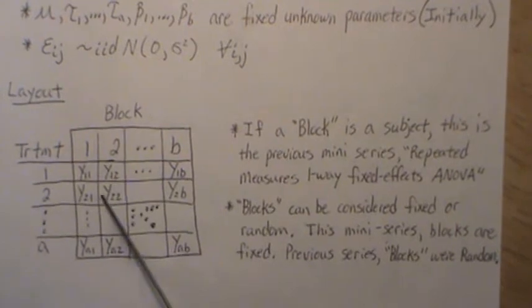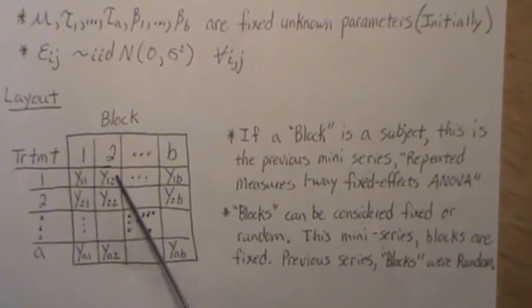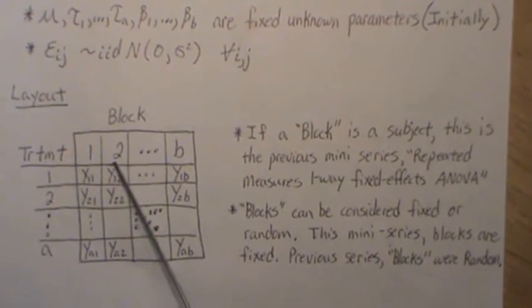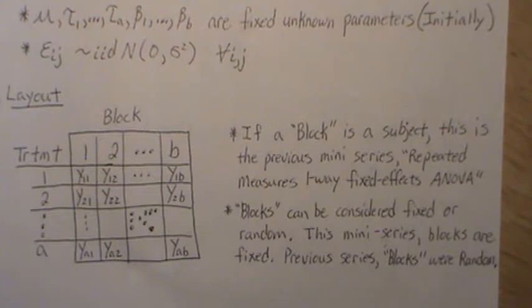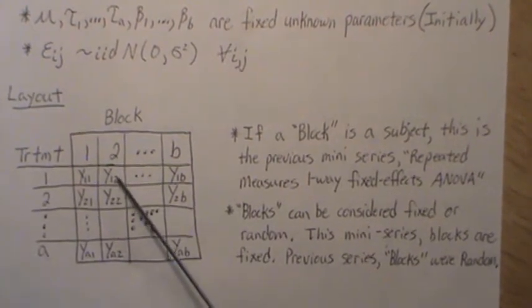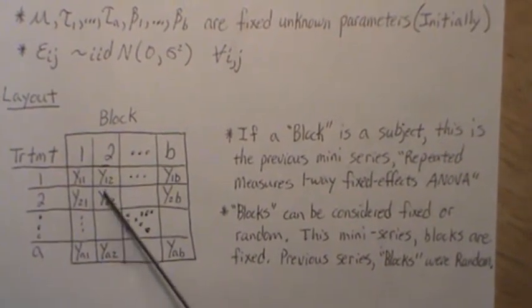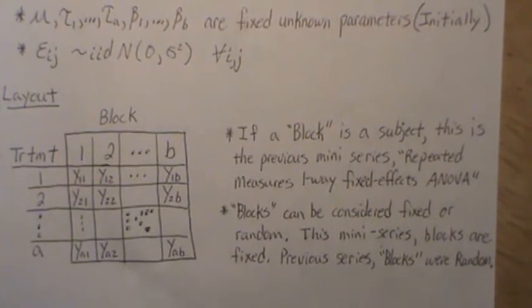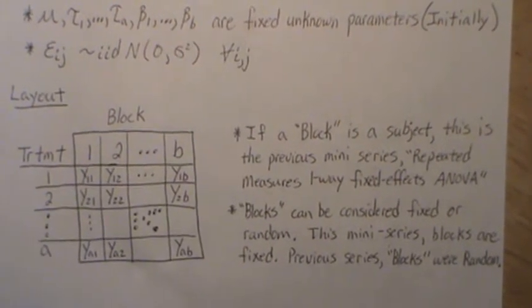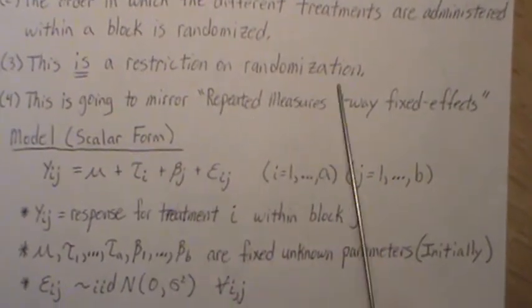I do a lot of clinical trials, so I think of them as subjects. So these subjects are randomized within that block. But please note that once the first A-1 observations are set or picked, this last one is deterministic, and so it is a restriction on the randomization.